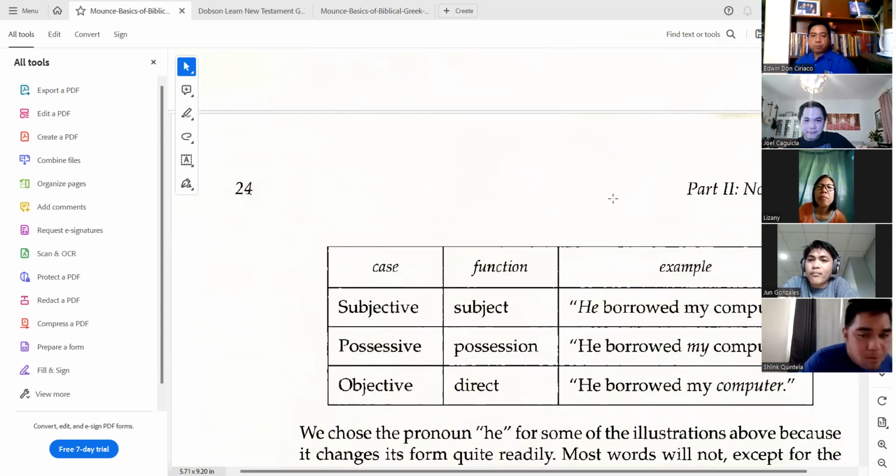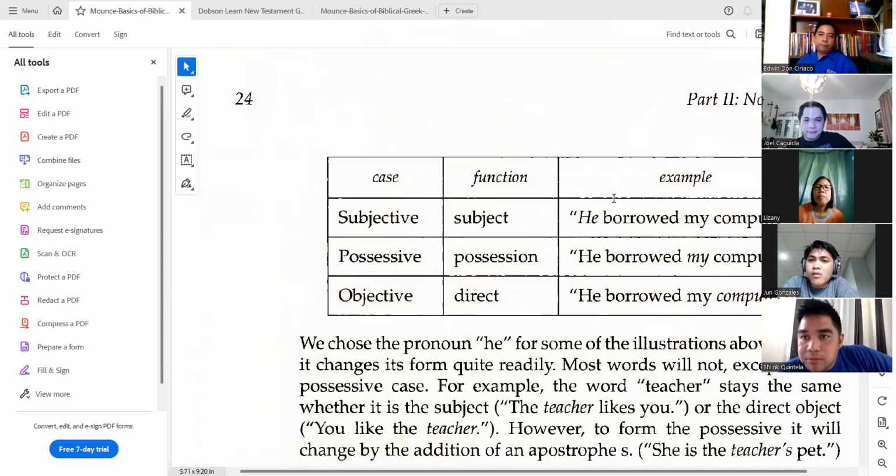Okay, so subject, possessive, and then objective. The subject is: he borrowed my computer, referring to the pronoun. And then the possessive pronoun, possession: he borrowed my. So it is a possession, my computer, and then objective. That is referring to the computer. He borrowed my computer. And there is some time element in this workbook, right?